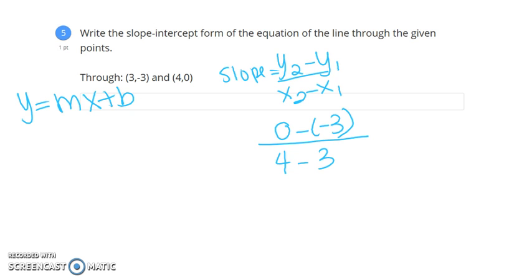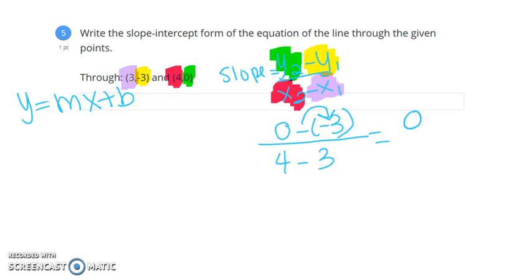Just in case you missed that, my y2 was 0 because it's the second y coordinate. My y1 was that first y value. My x2 was associated with that second x value, and my x1 value was right there. So now I need to do a little bit of math. Negative times negative is +3, so this becomes 0 plus 3 over 4 minus 3, which is 1, so 3 over 1, which is 3.